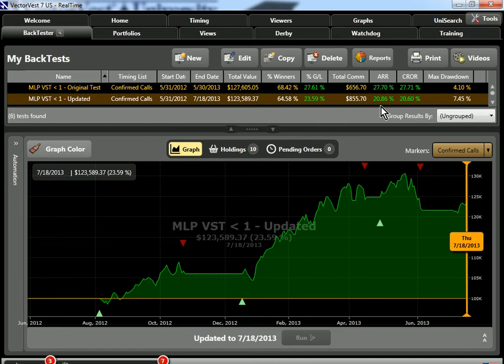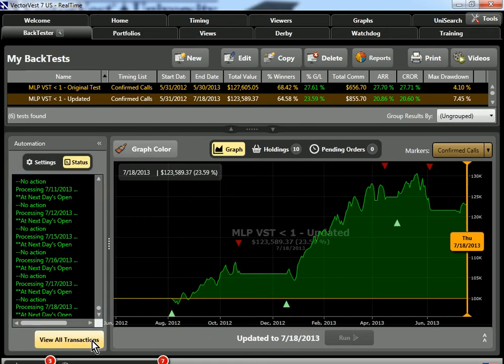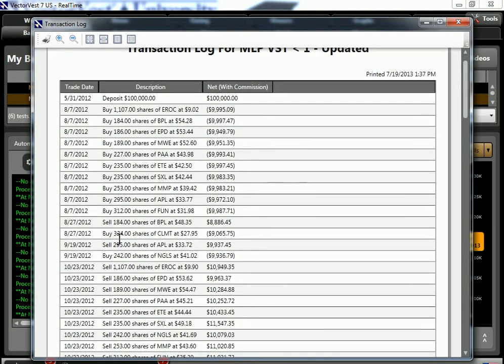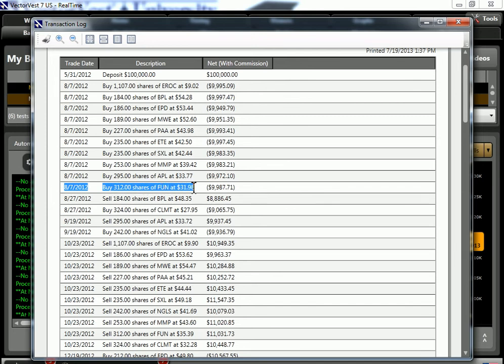And instead of just making the assumption that all of these MLPs paid us the 4% as dictated by the search, what we did is we went ahead and took a look at every single transaction. And as an example, we purchased 312 shares of FUN at $31.98 on August 7th of last year.